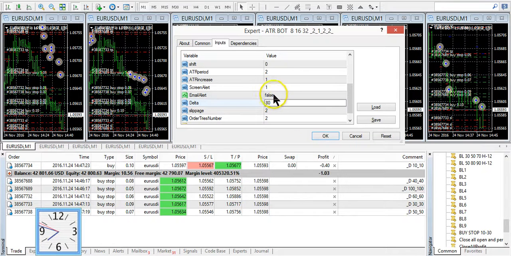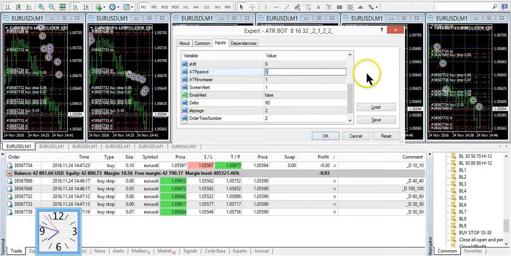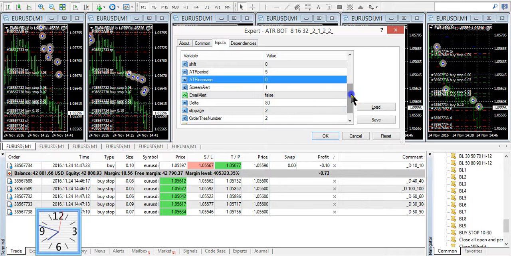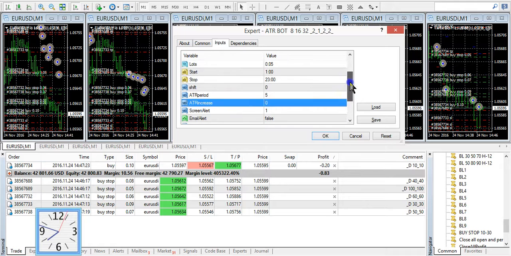And now I'll make the ATR longer, though. So here's a whole other issue: ATR 5 on the 1 minute, increase 0, delta is 80. Is that a good scheme?